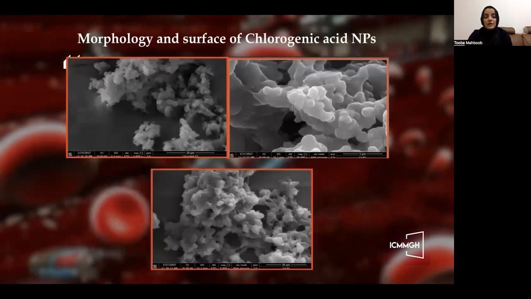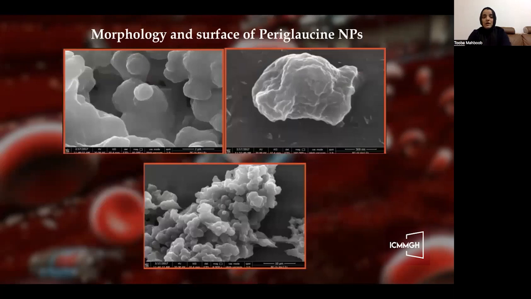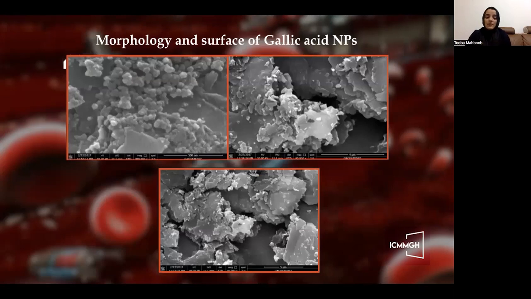Moving towards the chlorogenic acid nanoparticles, we can see that their morphology and surface were found to be spherical in shape. Periglossine A nanoparticles were also found to be spherical in shape, whereas gallic acid nanoparticles were found in two different shapes, sheet shapes and spherical shapes.